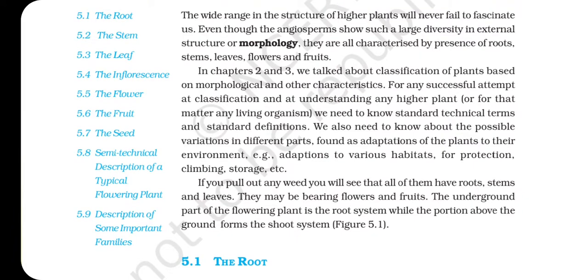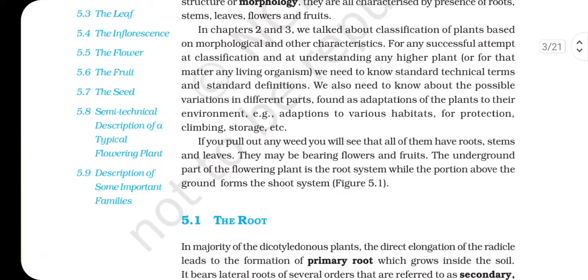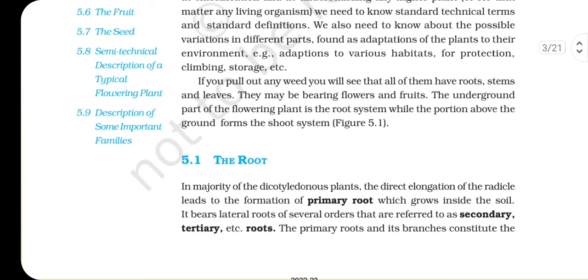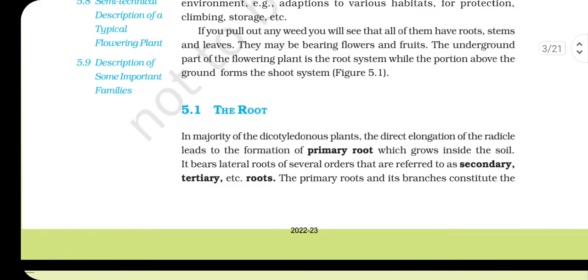If you pull out any weed, you will see that all of them have root, stem, and leaves. They may be bearing flower and fruit. The underground part of the flowering plant is the root system, while the portion above ground forms the shoot system. The root.